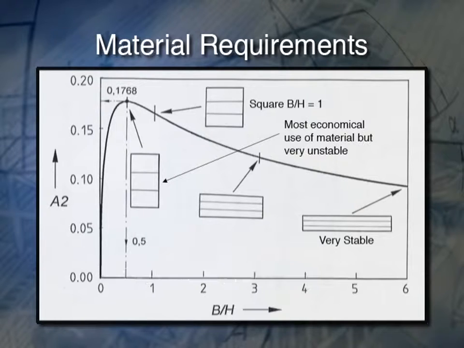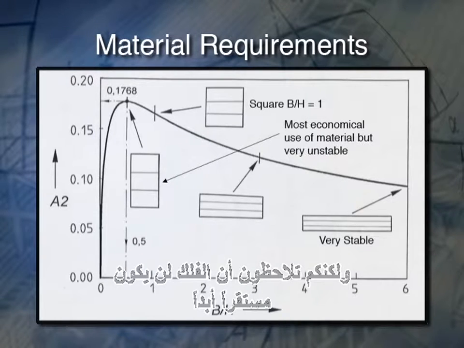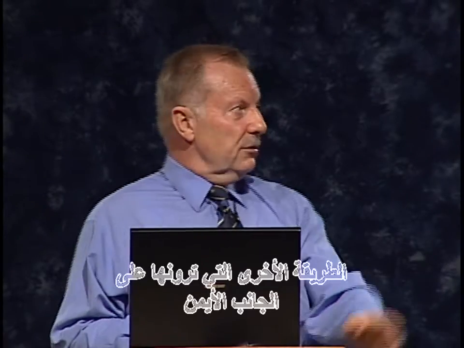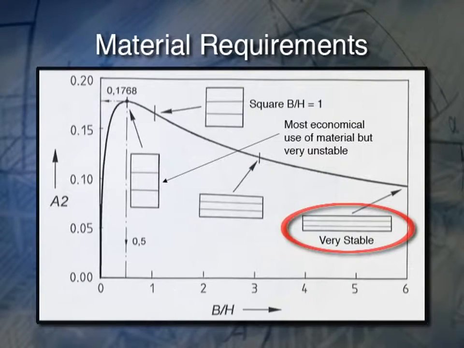It is most economical for use of material, but you can see it is a very, very unstable arc. The other one, what you see on the right side, it is very stable, but the value A2 is not so high.